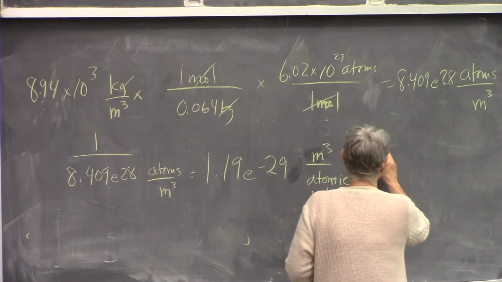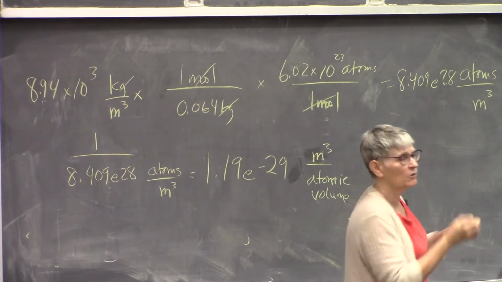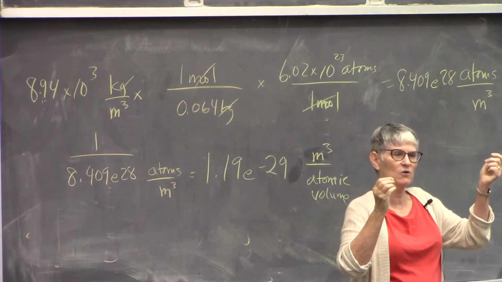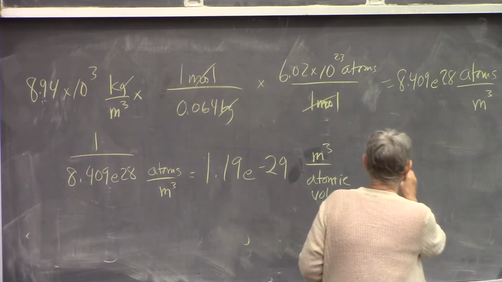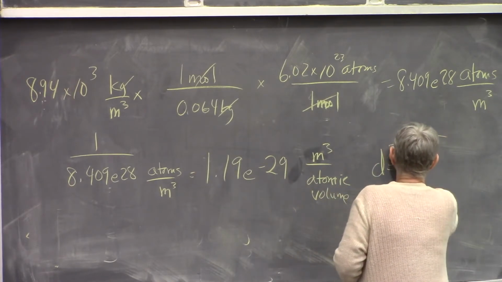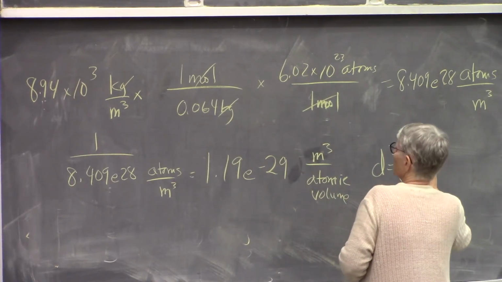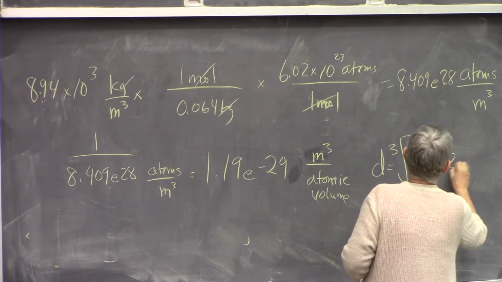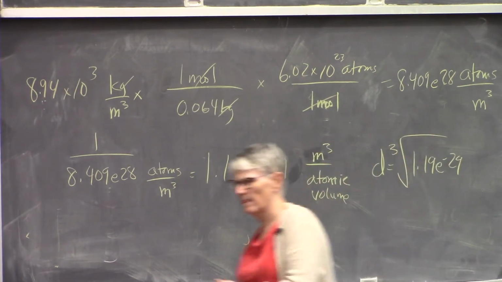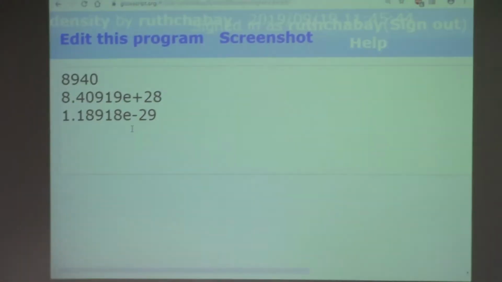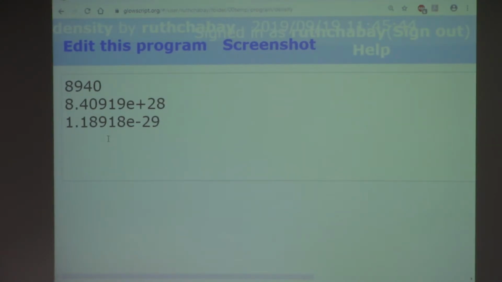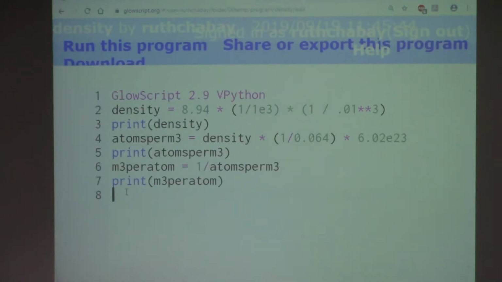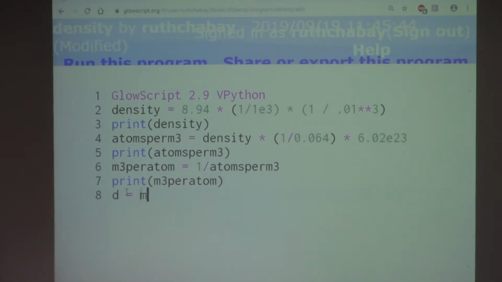And so if we take the cube root of that, we're going to get the side of that little cube, right? So d is equal to the cube root of 1.19 times 10 to the minus 29. And how do you raise something to a power in GlowScript?